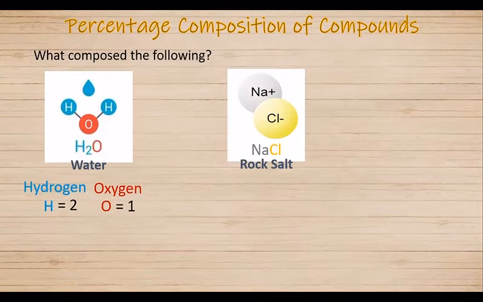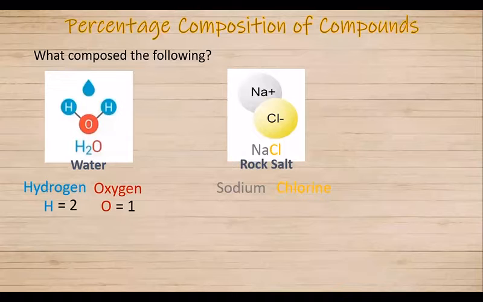On the other side, the rock salt is composed of two elements, the sodium and the chlorine. Sodium is presented by symbols capital N and small a, while the chlorine is presented by the symbols capital C and small l.